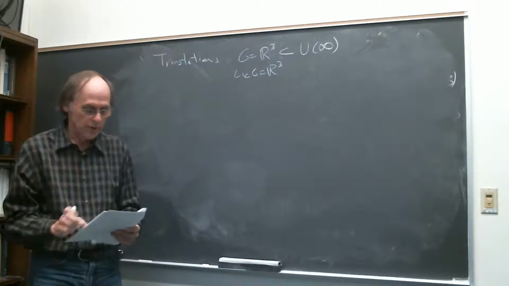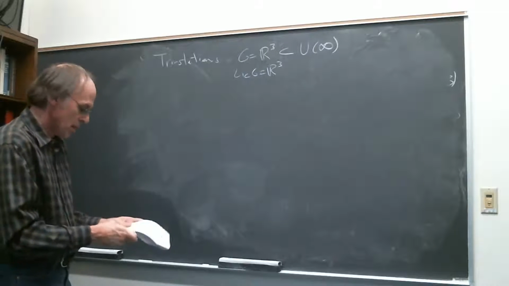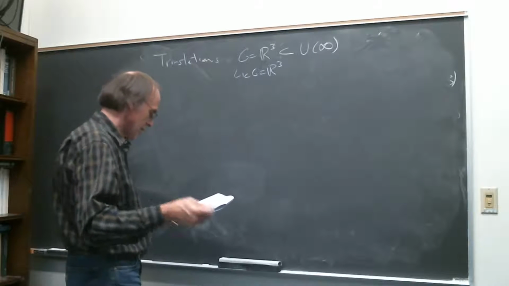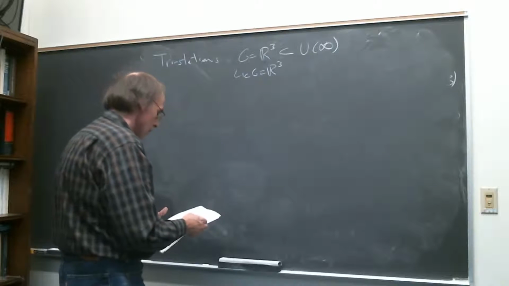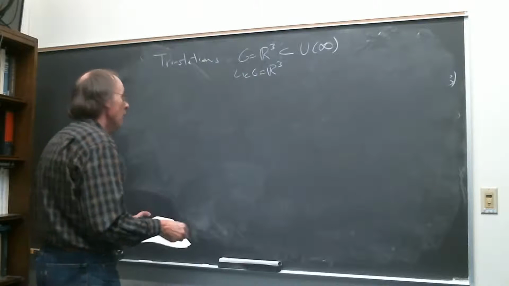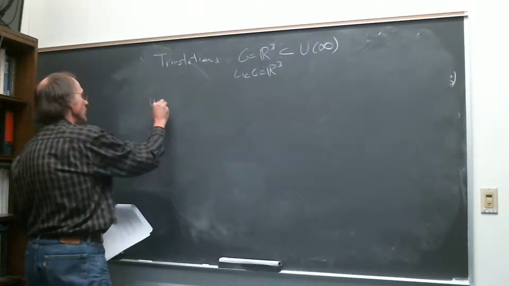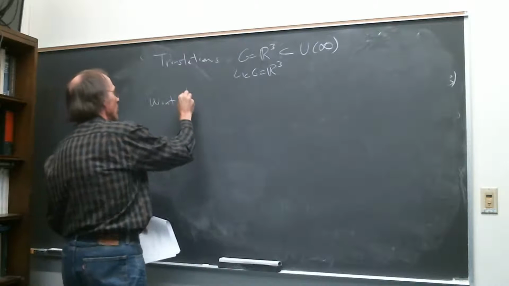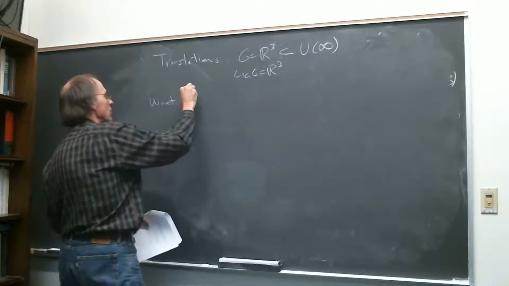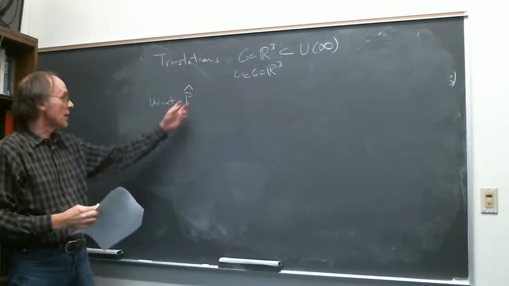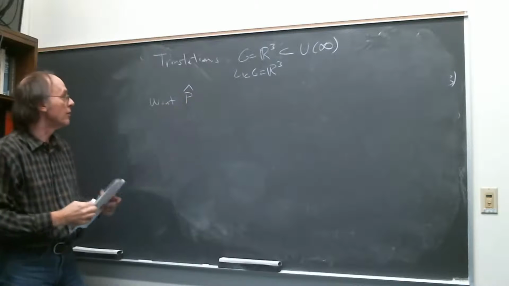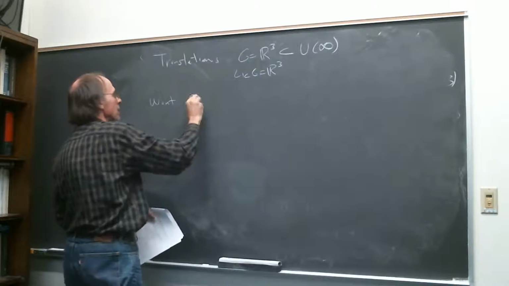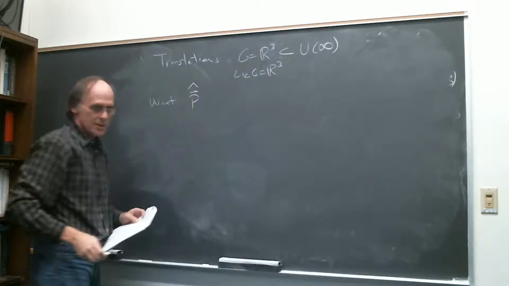And so what we're going to get, let me just write down some equations. We want an operator I'll call P hat, and so this is also kind of a vector. Maybe I should put it as P vector, and it's an operator.